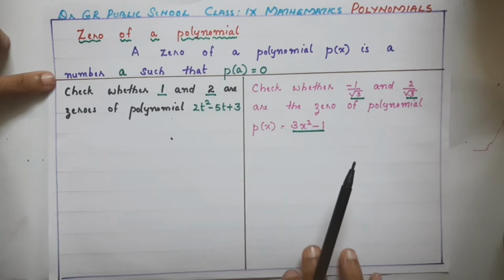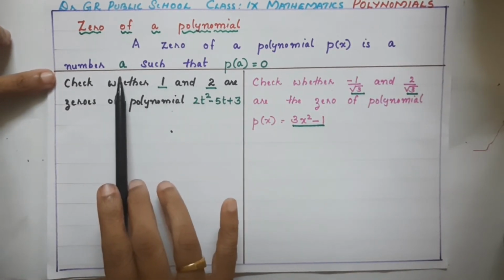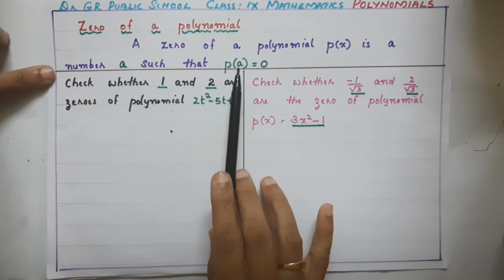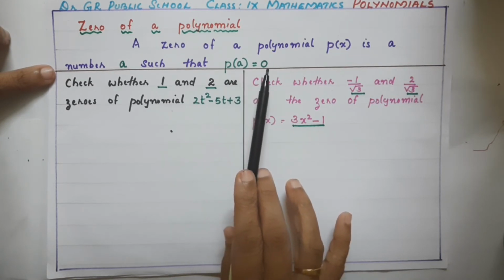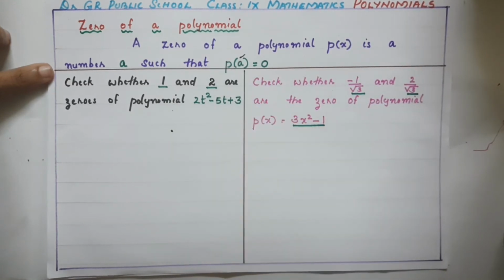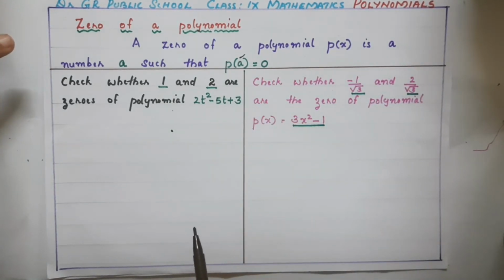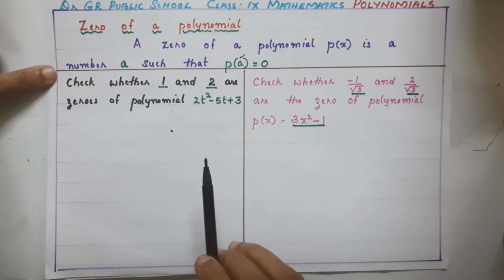When we put one value for the variable, if we are getting the polynomial value as 0, that value is called a zero of the polynomial. Did you get it, children? Okay.